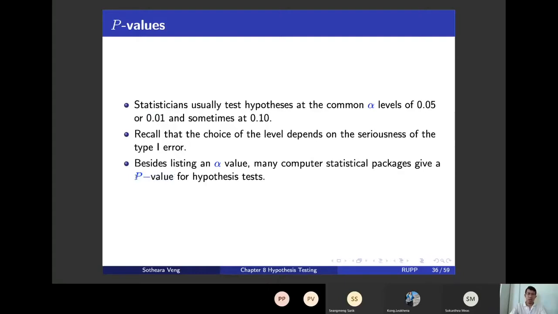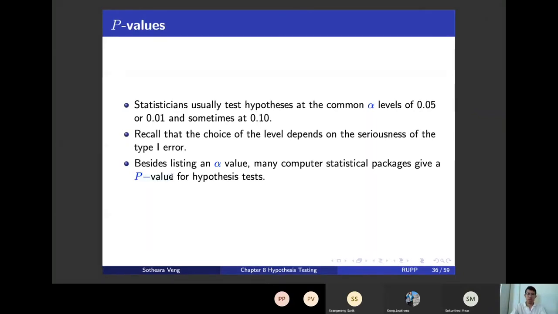It's another value that helps you to decide whether the null hypothesis should be rejected. Originally, we based on the critical value, and now we are based on the p-value.